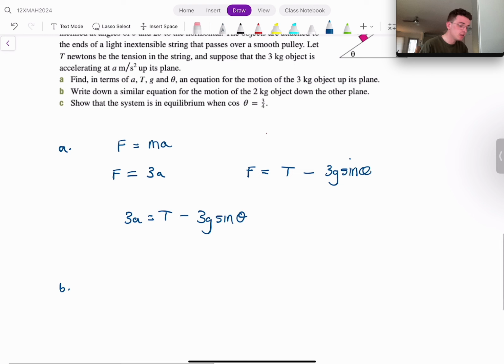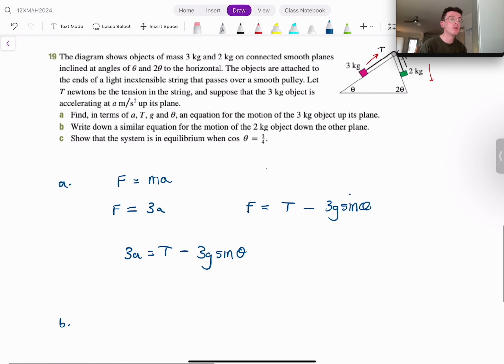Part B, we've got to write down a similar equation for the motion of the 2 kilo object. Well, this 2 kilo object is accelerating downwards. Well, F is equal to ma. Now, it's accelerating downwards at a meters per second squared. If the 3 kilo object is accelerating up the plane at a meters per second squared, then since this is a system connected by a single string, the 2 kilo object has to be accelerating down at the same acceleration.